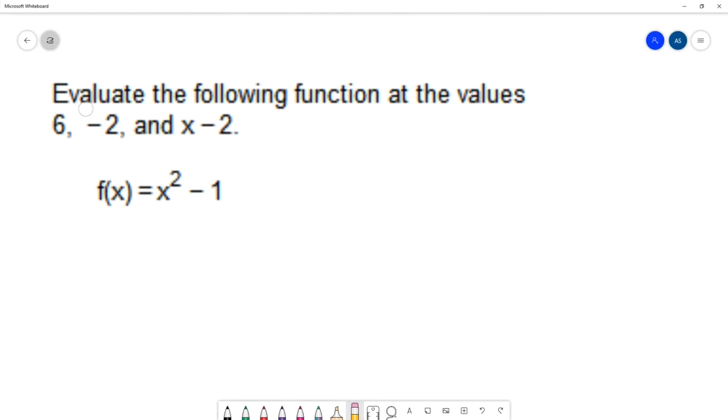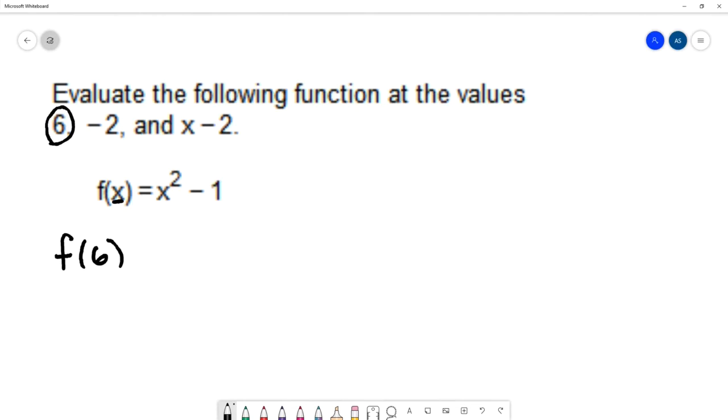On this example, we want to evaluate the following function at the values of 6, negative 2, and x minus 2. The function that we're working with is f of x equals x squared minus 1. So let's give this a try. If we want to evaluate, what that means is to substitute our variable x with this particular value.